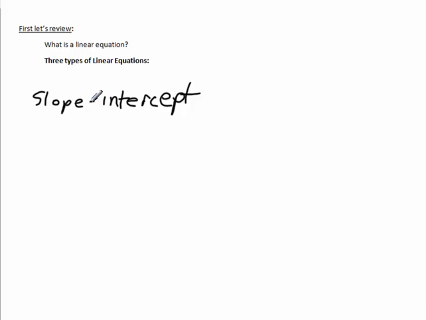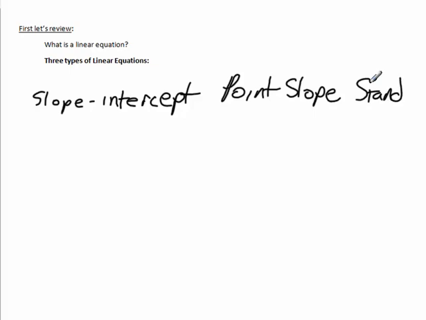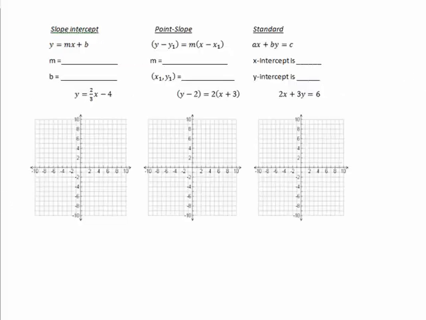The other one is point-slope, and the last one is standard. And if you look just below on your sheet, you have all 3 of those down there. Okay, and I'm basically asking you, what is each one of these? How do we find the parts of each one of these?